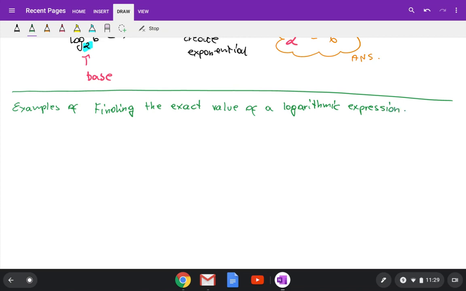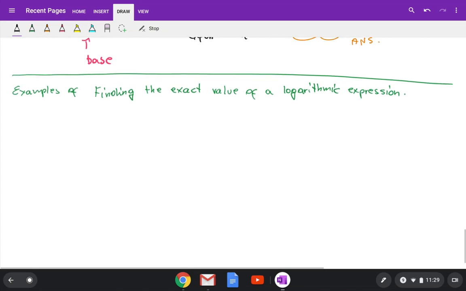Here I'm going to use a couple of problems from your textbook. I don't want to use the explained examples from your textbook because you can always study them by yourself. So I'm trying to give you different ones. So this is number 27 from page 449.